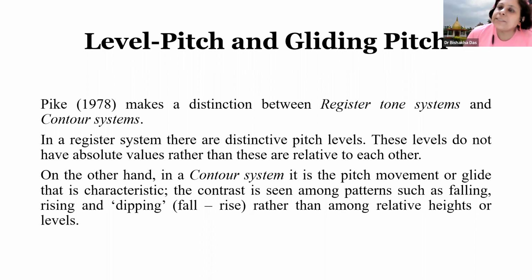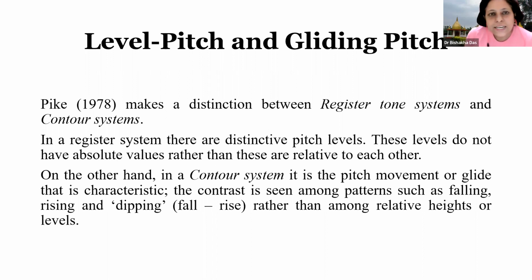Now, on the other hand, in a contour system, it is the pitch movement or glide that is characteristic. The contrast is seen among patterns such as falling, rising, dipping, rather than among relative heights or levels.